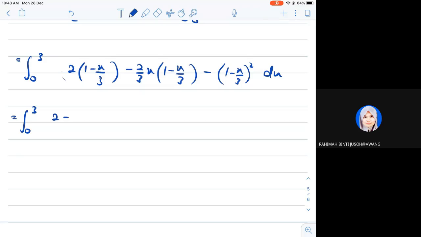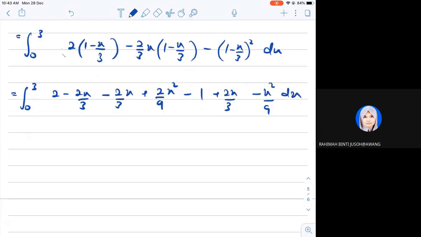So we have 2 minus 2x over 3 minus 2 over 3x plus 2 over 9x squared, minus 1 minus 2 over 3, which becomes plus 2x over 3, and then minus squared becomes positive, so it becomes minus x squared over 9, dx. So let us solve this one.